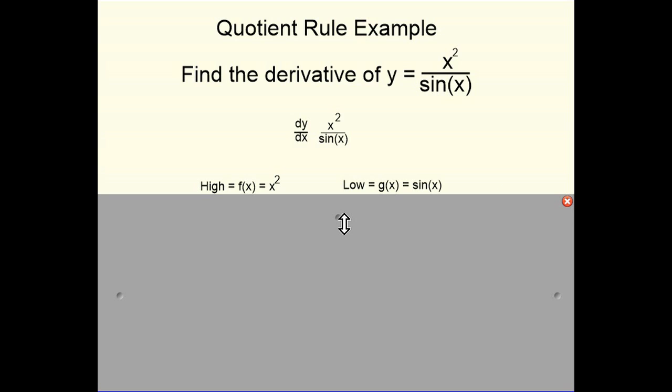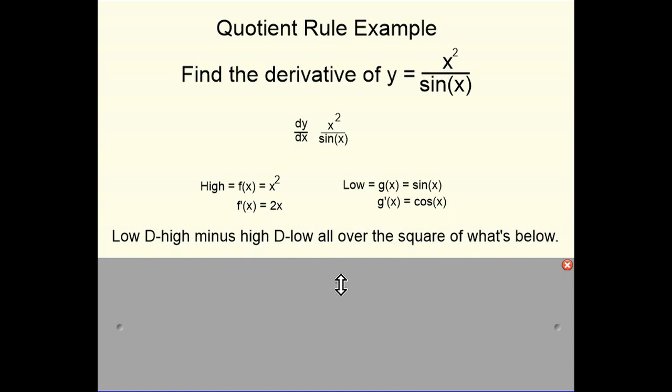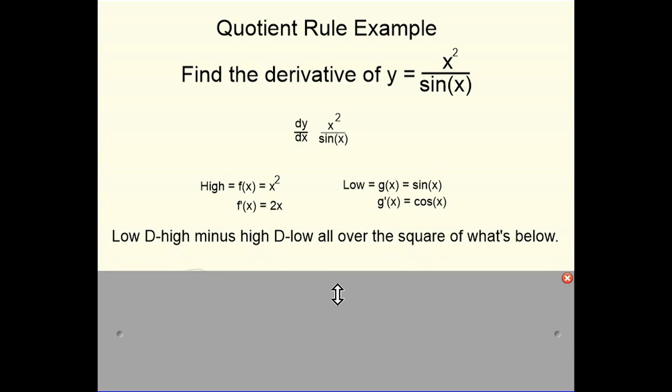For f of x, we can just use the power rule. Bring the 2 down, subtract the power by 1, and that should be 2x. And you should know that the derivative of sine of x is going to be cosine of x. Okay, so we have those things here. Now let's recall our helpful saying, low d high minus high d low all over the square of what's below. And we can just plug each of these things that we know once again in for our derivative.